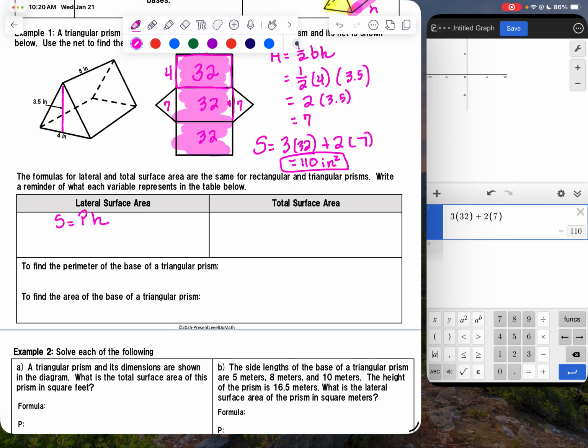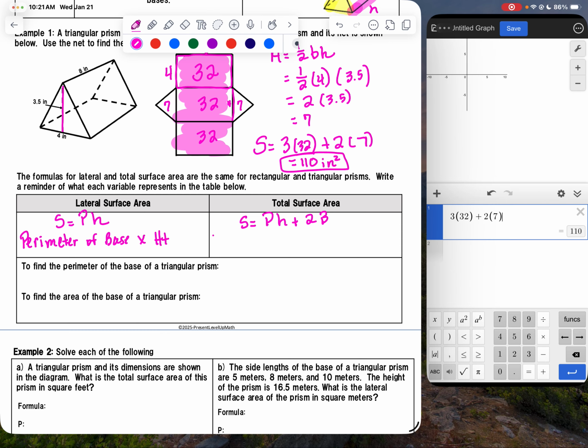So I'm going to write that down: perimeter of base times height. Now the total surface area includes the 2 triangles. So the total surface area is perimeter of the base times the height plus 2 times the area of the base.